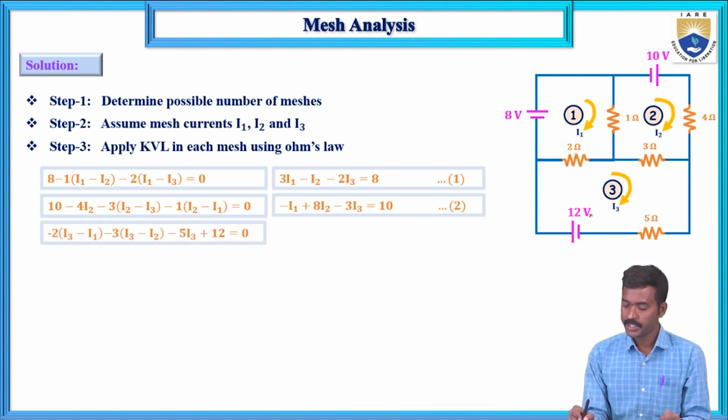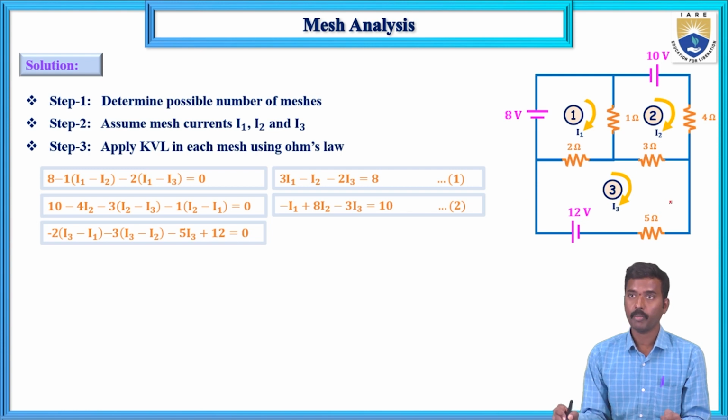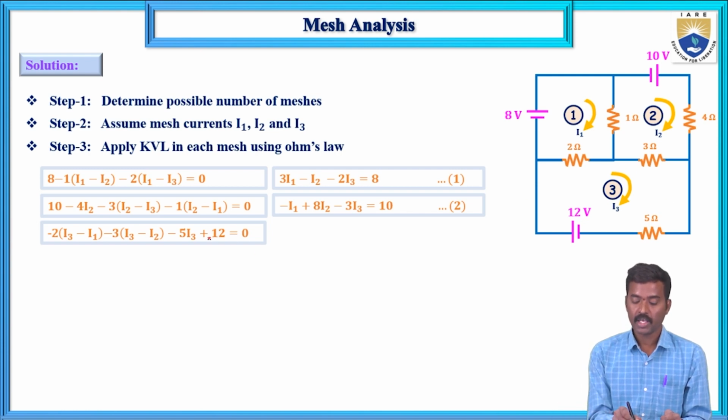On the third mesh, if you apply KVL: 2 into (I3 minus I1), that is a voltage drop, 3 into (I3 minus I2), that is a voltage drop, 5 into I3, a voltage drop, and this current is flowing from minus to plus, plus 12 equals 0.